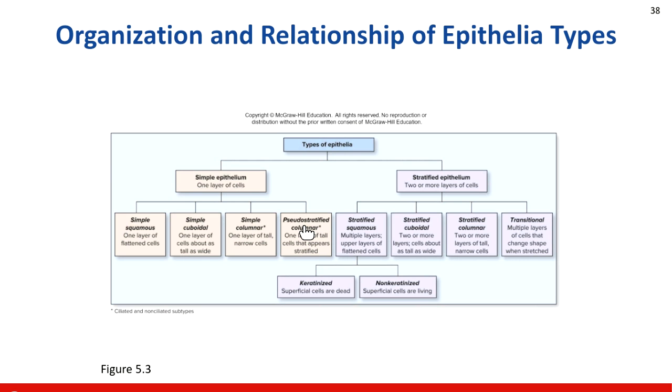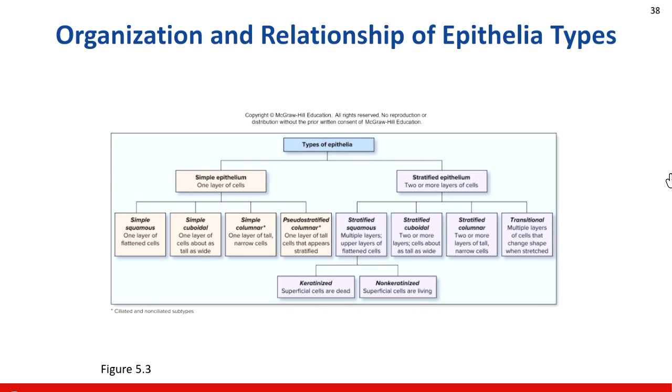This is the minimal beginning or basics of epithelium. So I would start with that, gain your knowledge from this, and then you can move into the more detailed aspects.